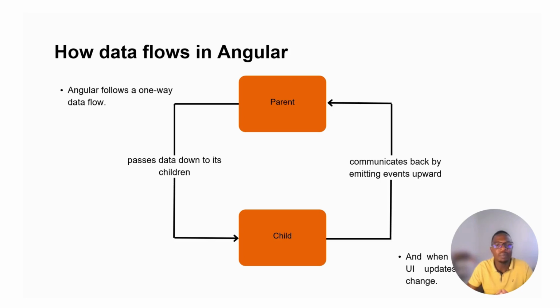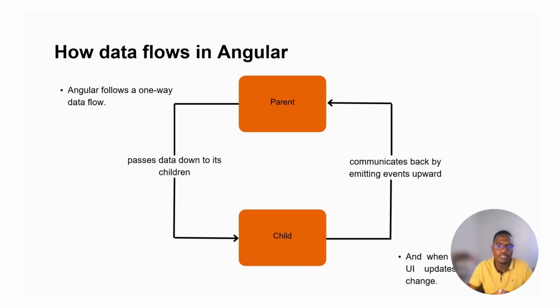This is one of the most important ideas to understand in early Angular development. Because when data flows in one direction, applications become easier to reason about, easier to debug, and far more stable as they grow. You never have to guess where a value is coming from, or why the UI changed.